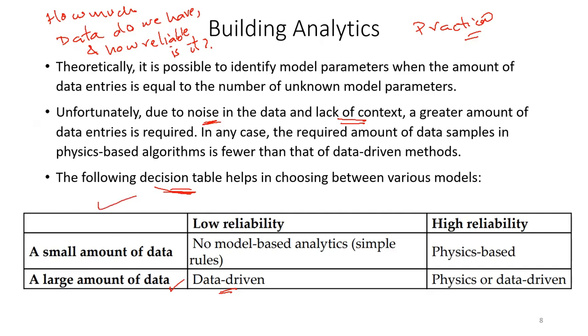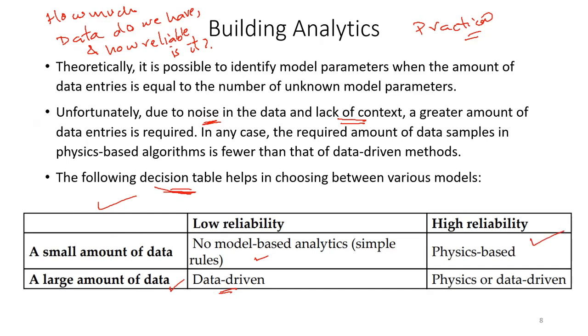If we have a small amount of data and low reliability, then the basic rule-based approach may be the only option, but it would not be very accurate. If the data is small but reliable, then physics-based analytics is the preferred method.